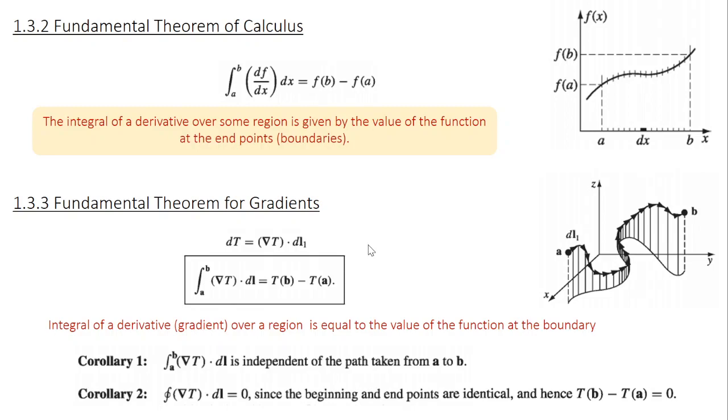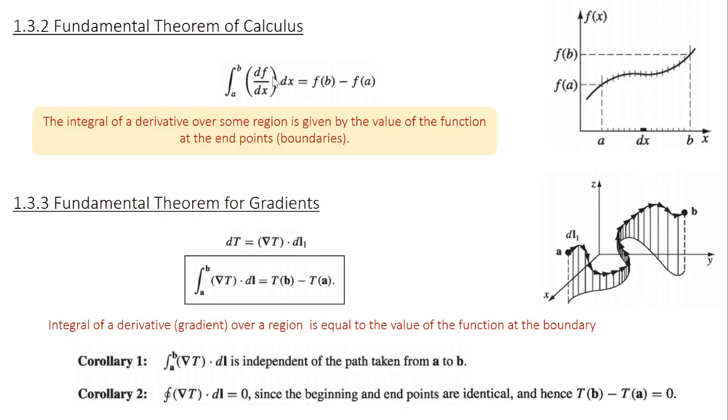Next is the fundamental theorem of calculus. The fundamental theorem states that integral a to b df by dx into dx, this is equal to f of b minus f of a. Now df by dx into dx, so you can assume that dx cancel, so this is nothing but df.